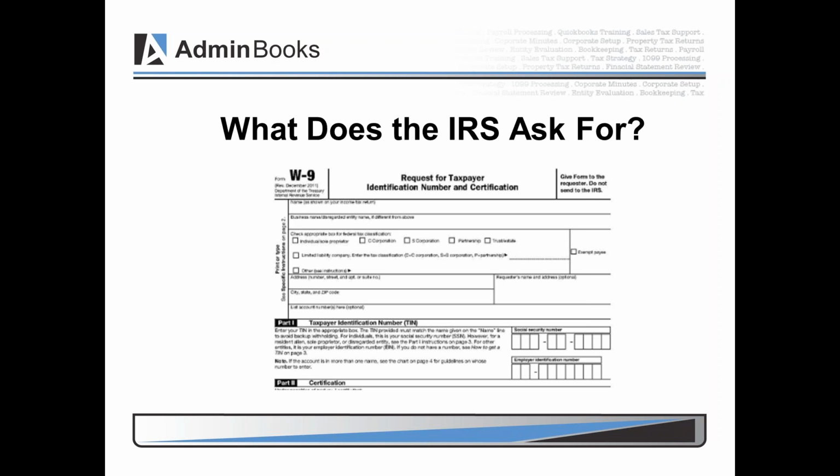But I've been representing clients in audits where it's very interesting the things that the auditor will ask for. One auditor asked me in a situation that had contractors. They said, I want to see the website for the contractor. I'm like, okay.